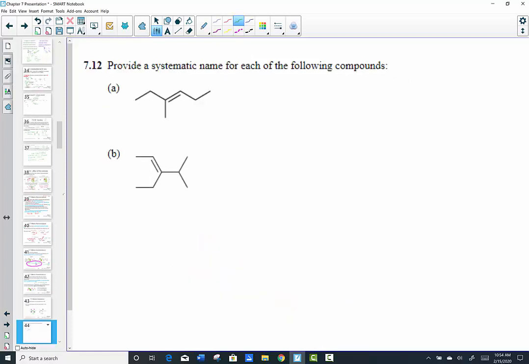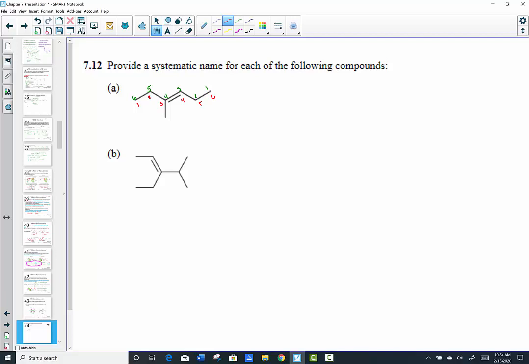So let's practice. You're going to have quite a few of these just to practice naming. Provide an IUPAC name for each of the following. So I'm going to just start by numbering the chain and decide which direction would give me the lowest number on the double bond. Let's just number them both. 1, 2, 3, 4, 5, 6.